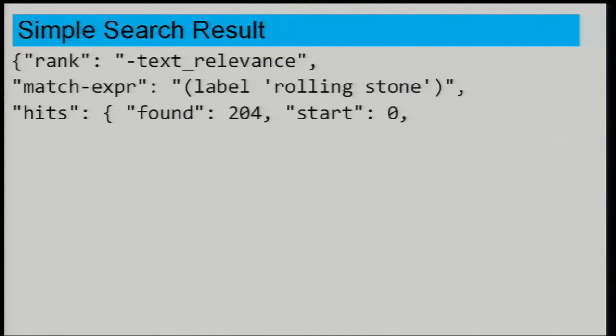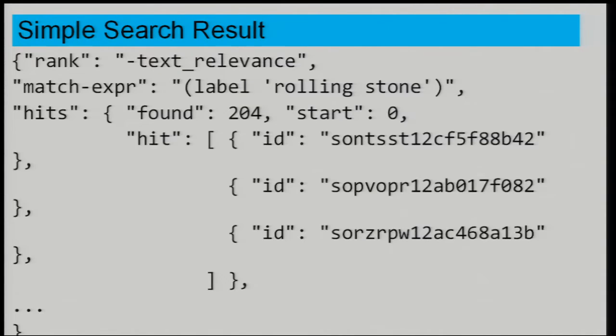So looking in a little more detail at some of the search results, for a simple search like Rolling Stones, we'll get some information from CloudSearch that tells us what the query was, what it was ranked by, and how many hits there are. Each hit is a single document that CloudSearch has identified as matching this query. In this case, Rolling Stones finds 204 hits.